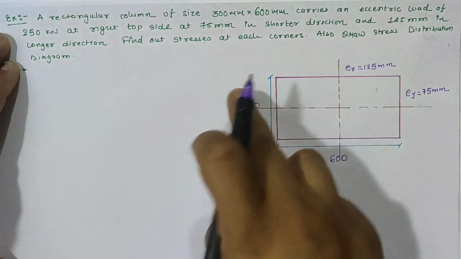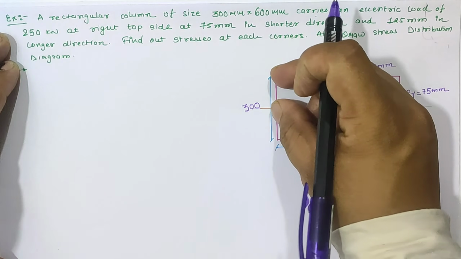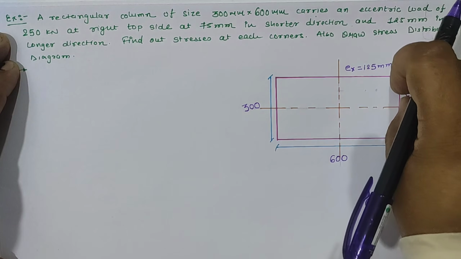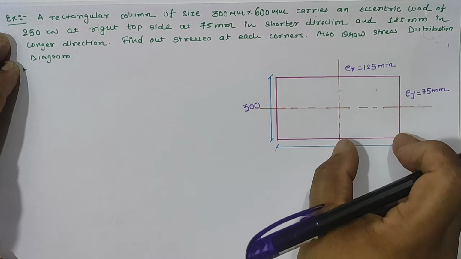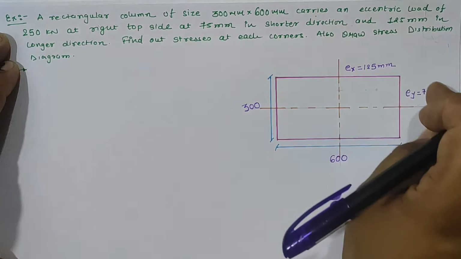Now observing the figure, for shorter direction the CG distance is 150 and for 600 it is 300, which is greater than 125 and 75.